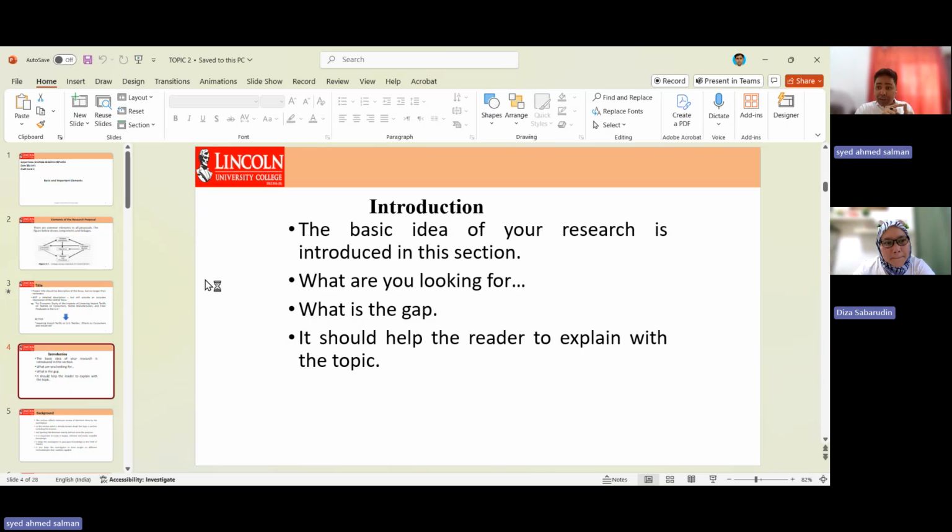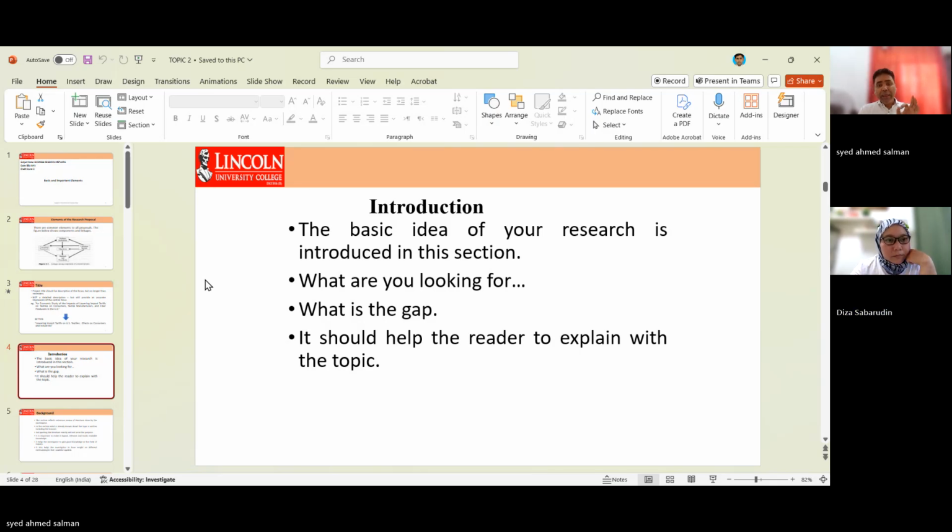You are not going to take the entire Malaysia, you are not going to take Sabah, and you are not going to take the government universities, meaning that you have already highlighted the research gap in the study. The research gap has to be highlighted in the introduction, but you do not have to say that it is the research gap. You can write that there are no studies based on this particular state, right?